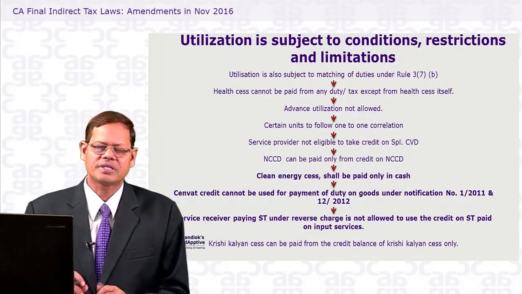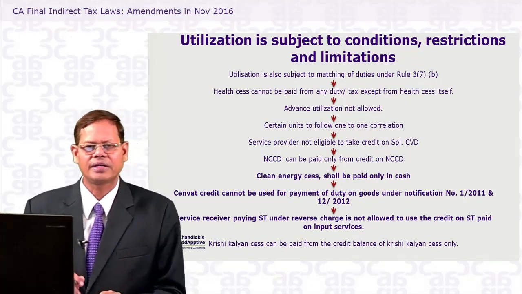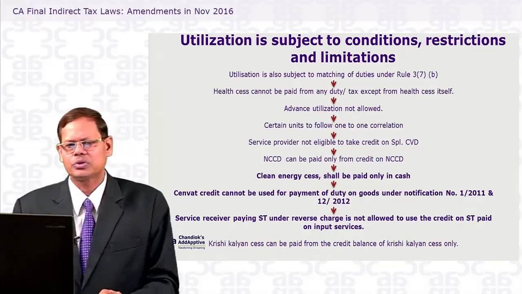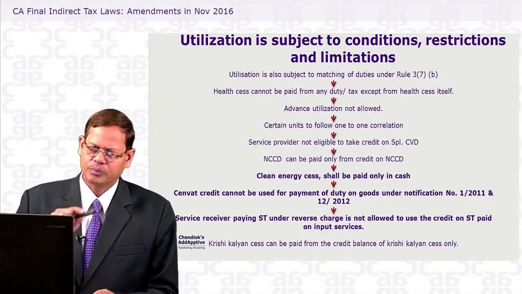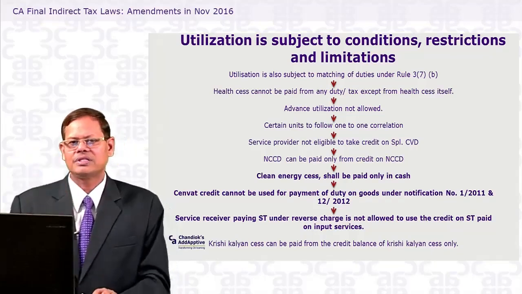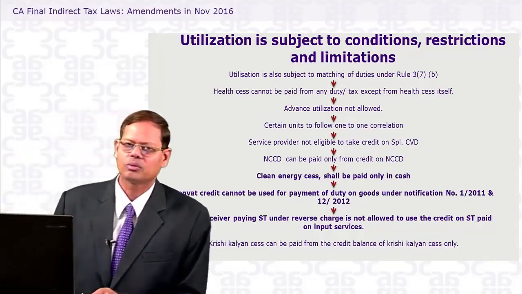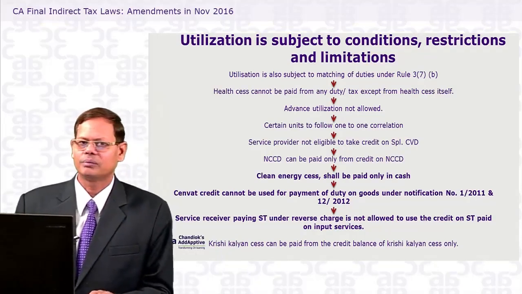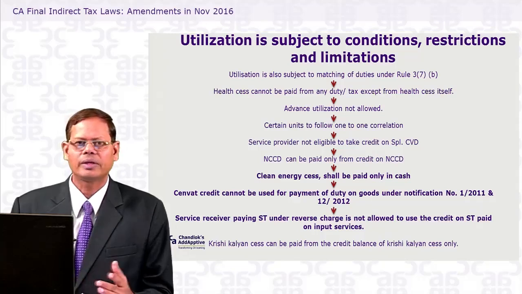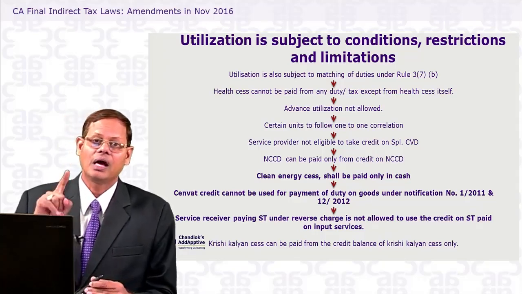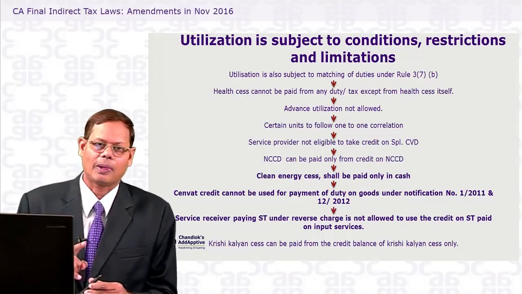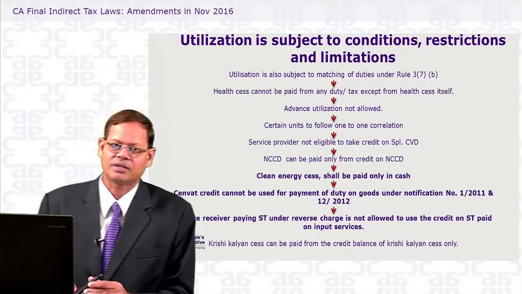To pay input services, how can you use the CENVAT credit? Input level credit cannot be used to pay input level taxes. Input level credit can be used only to pay output level taxes. Please read Rule 3(4). This is not an output level tax. Input versus input, not possible. So you have to pay in cash, and on paying you will get the credit and use it for paying service tax on output services, not on input services under reverse charge.